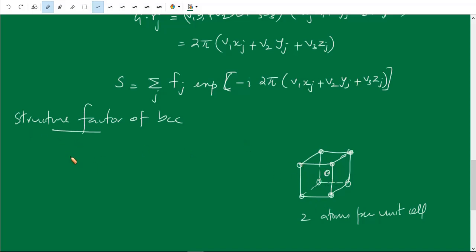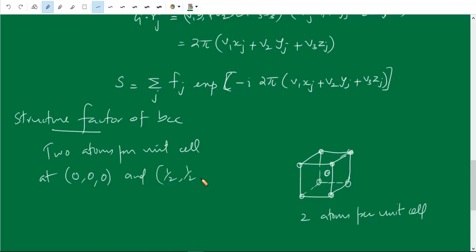So 2 atoms per unit cell: 1 atom at 0, 0, 0, the corner, and the next atom at half, half, half. Since this is a cubic crystal, instead of a1, a2, a3 we can take the orthogonal Cartesian unit vectors i, j, k.